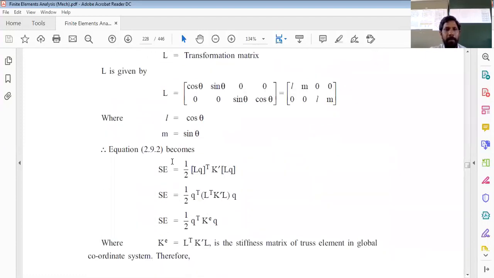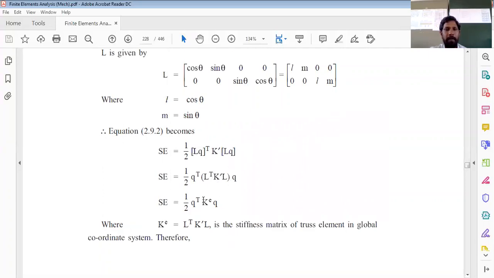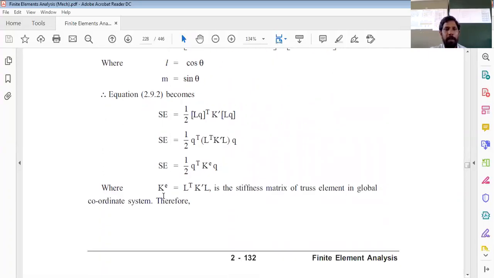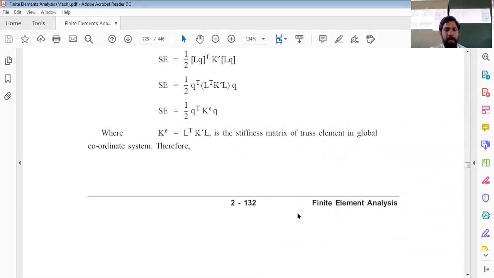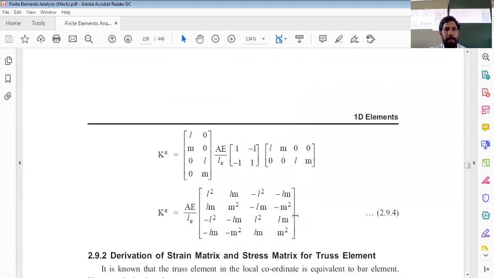Therefore, substituting the terms of q dash transpose and q dash, the strain energy will be half q transpose L transpose K dash L into q. So it will be half q transpose K into q, or K equals L transpose K dash L, which is the stiffness matrix of truss element in global coordinate system.